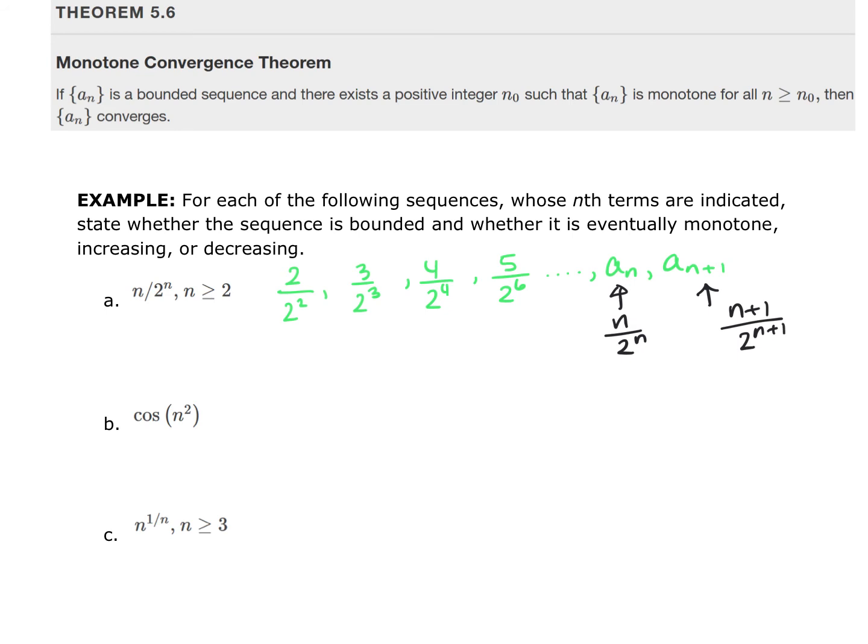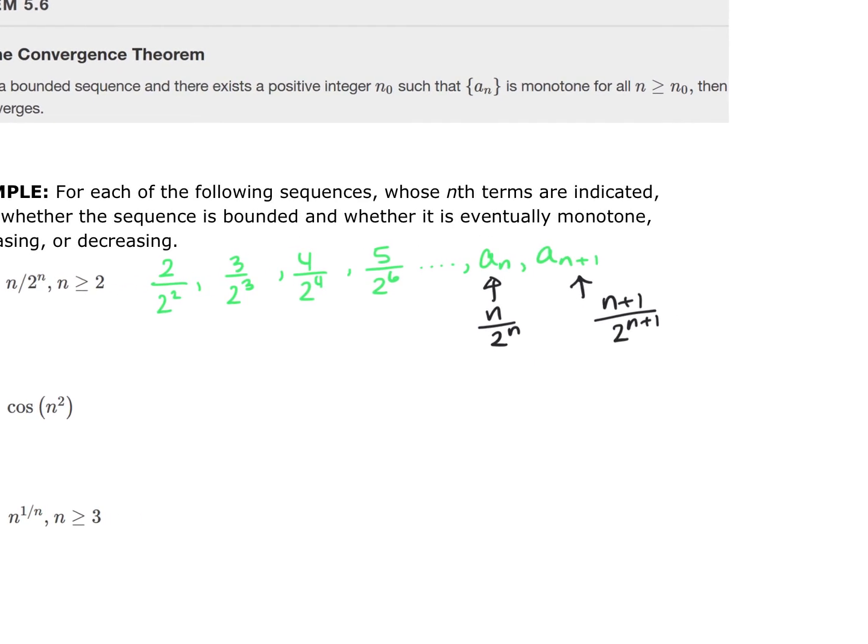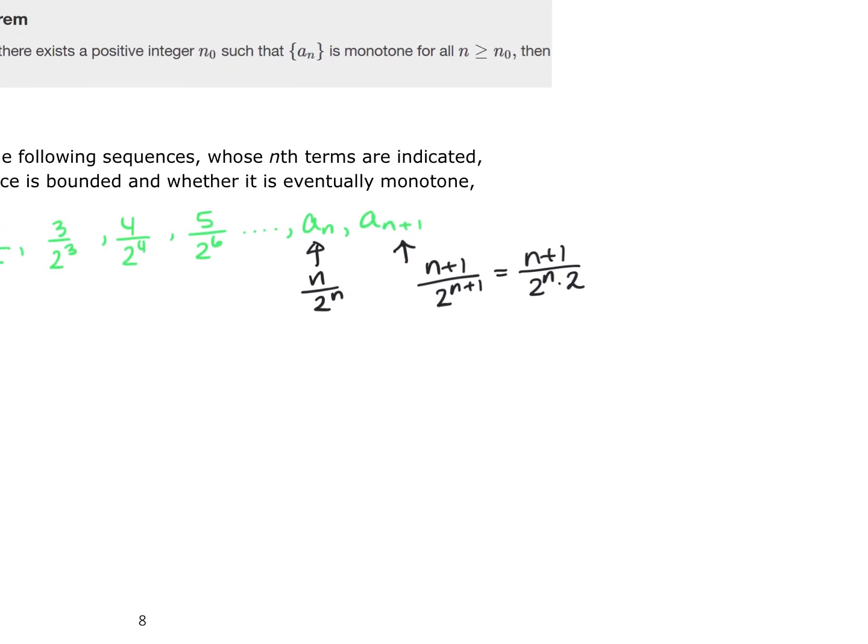We can see that we can rewrite this nth term as n plus 1 over 2 to the n multiplied by 2. Now we're going to do some lovely but exciting algebraic manipulation. If I multiply the numerator by n and the denominator by n, then I'm going to have n plus 1 over 2 to the n, and then n over 2 to the n.